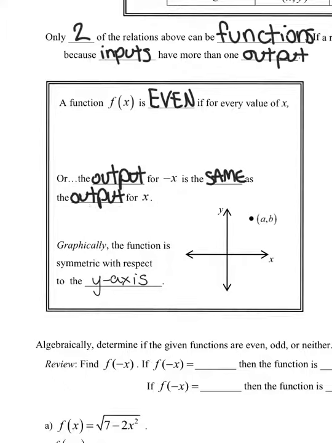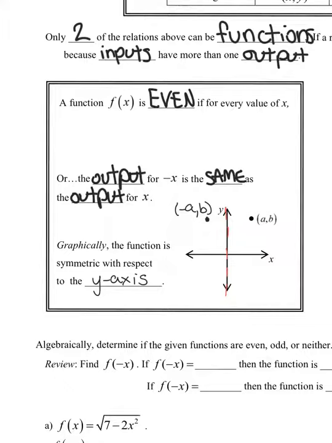So if I have the point (a, b), and I know it's symmetric with respect to the y-axis, then I also have the point over here, (negative a, b). The inputs a and negative a are opposite, but they give me the same output, positive b.